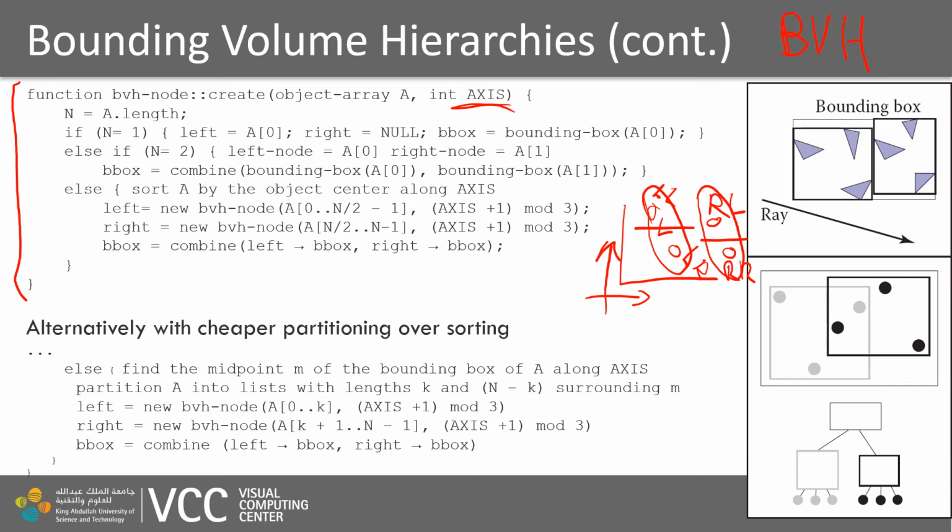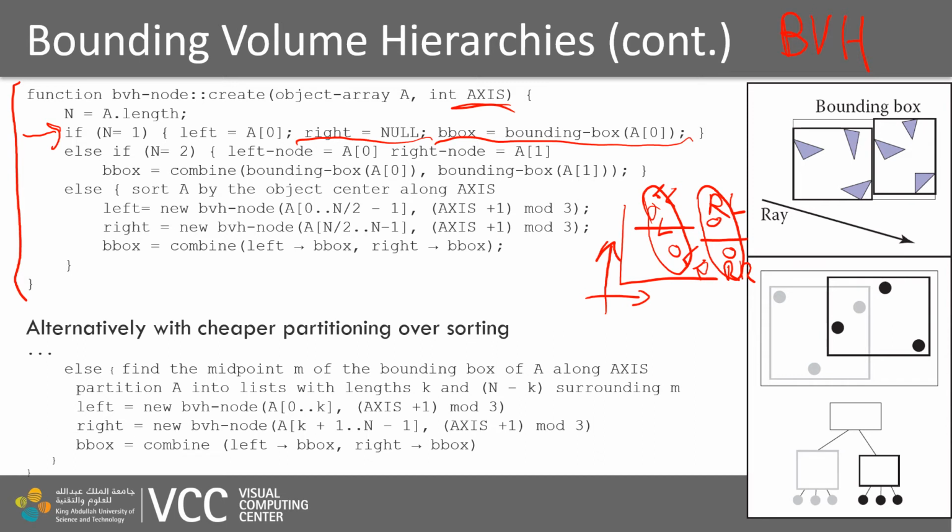We first need to check for some simple cases. So if our object length is 1, then we simply put one child into left and right, and then we generate a bounding box just out of this one object.